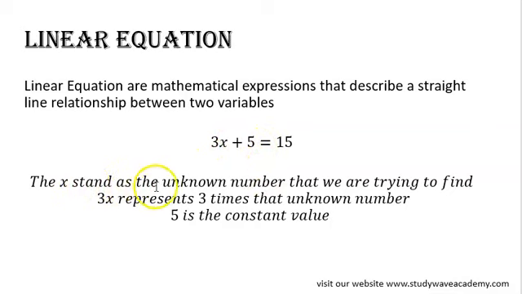The x stands as the unknown number that we are trying to find, and the 3x represents 3 times the unknown number. Remember, we're trying to find x, so the 3 represents 3 times the unknown number, and the 5 represents the constant value. The solution to a linear equation is the value of x.